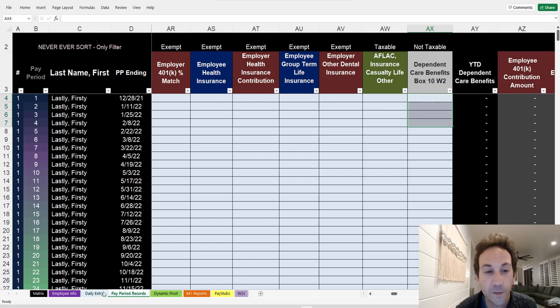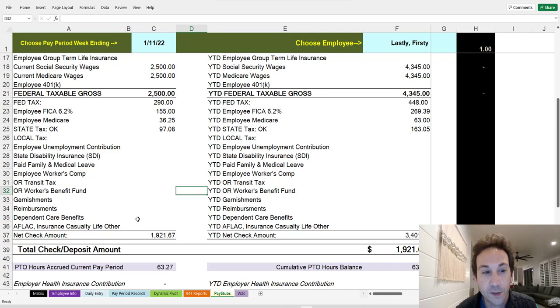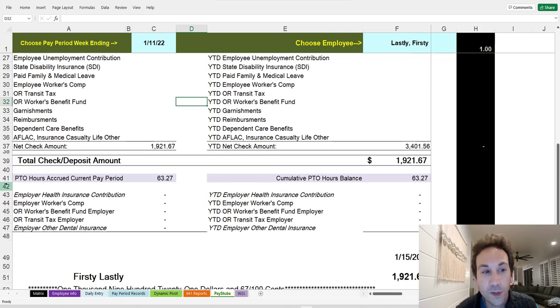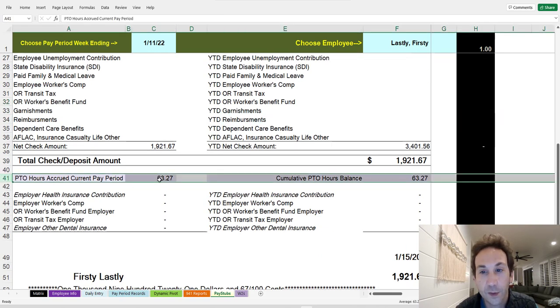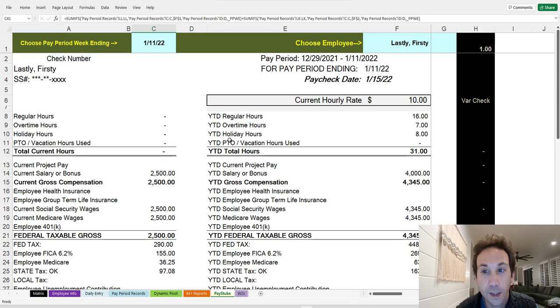So it can be very beneficial for you as an employee, even though this video is not about that. So I just removed them from the pay stub just to make this a little easier to look at. But we've also got our paid time off, hours accrued, and whatever the balance is as well. And that's pretty much what we've got here.